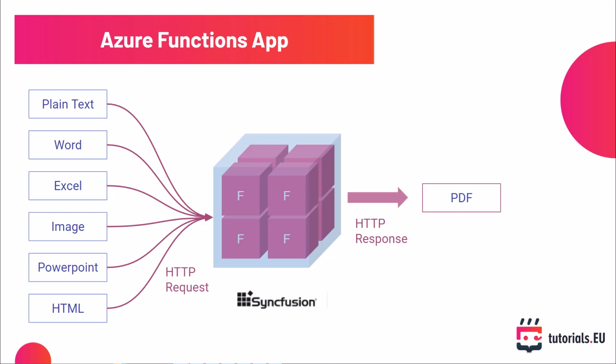The Syncfusion PDF framework is a feature-rich framework for creating and converting different file types, such as those that are listed here, and even more, for example XPS, into PDF files in C# without the need of installing Adobe Acrobat or Microsoft Office on the target machine.